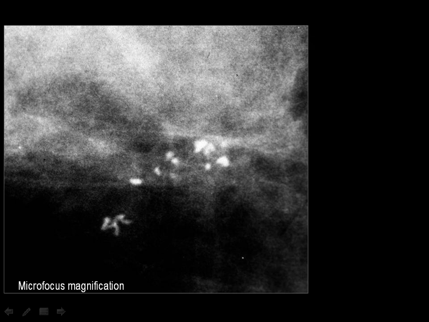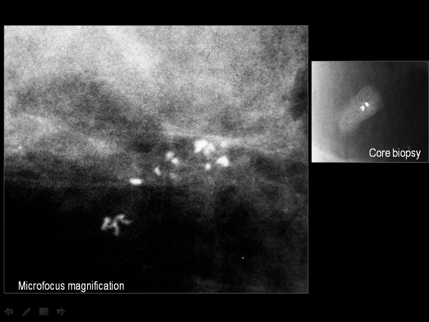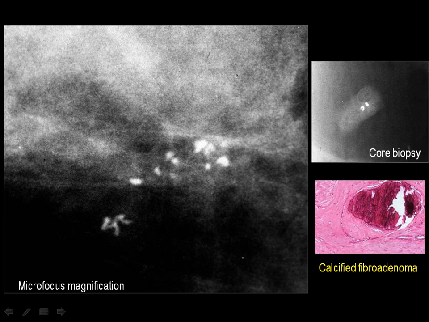Now we arrive at cases that are mission impossible. There is no surrounding tumor mass. The calcifications are so irregular, so clustered, that the radiologist must be suspicious about looking at malignant lesions. These are already spot compression microfocus magnification images. We perform core biopsy, and then the pathologist says this is a partially calcified fibroadenoma.